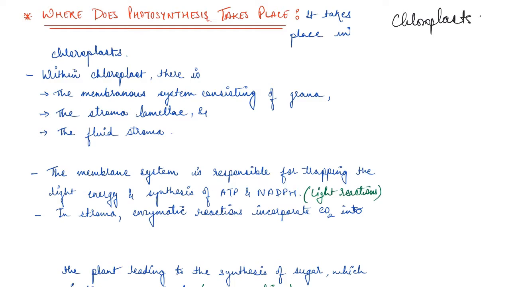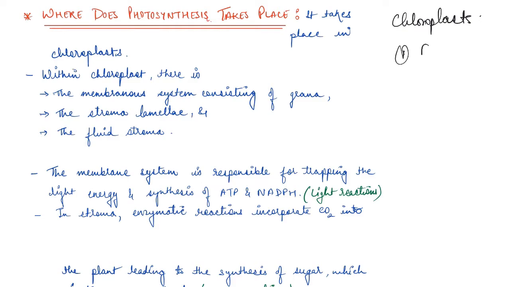So what is the structure of the chloroplast and how does it perform the function of photosynthesis? Within the chloroplast, there is a membranous system which consists of grana. It is a system formed by different layers of membrane, which is grana. Then comes the stroma lamellae.